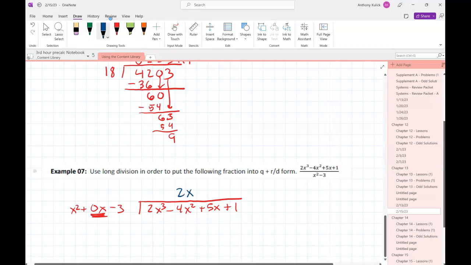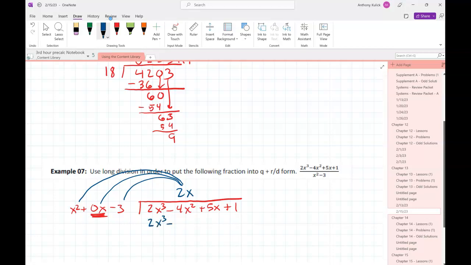So 2x goes here. I'm now going to multiply that by the entire divisor, and I'm going to write it below. And we're going to subtract down.